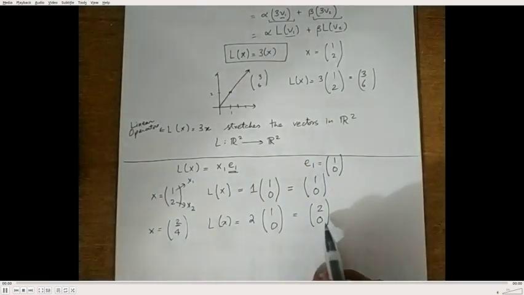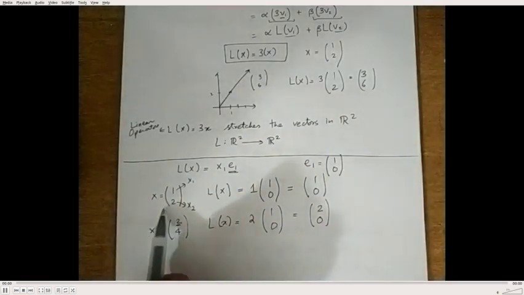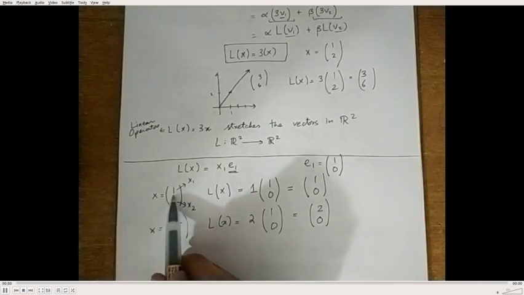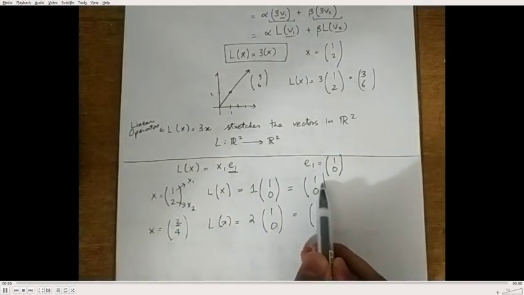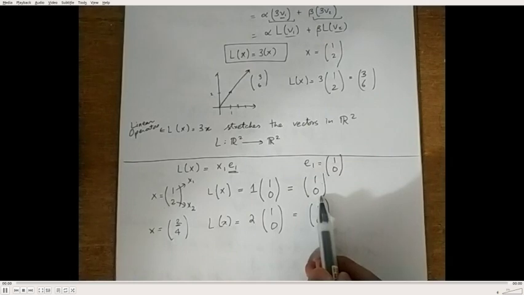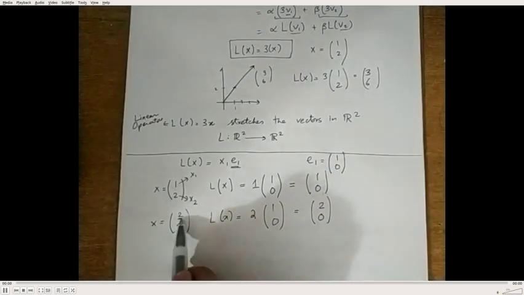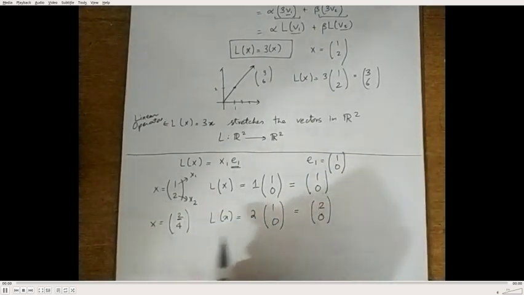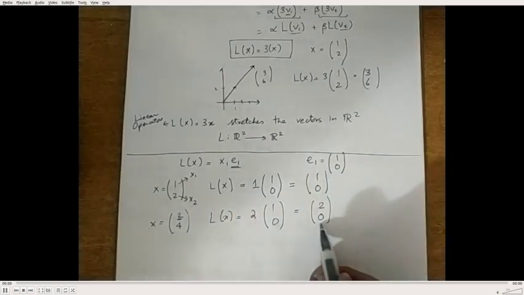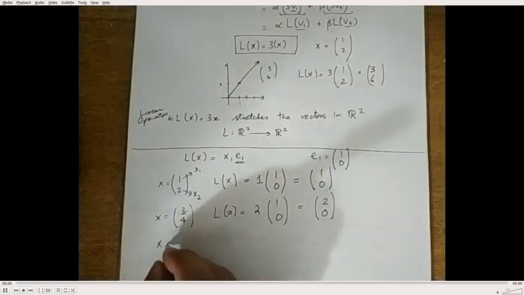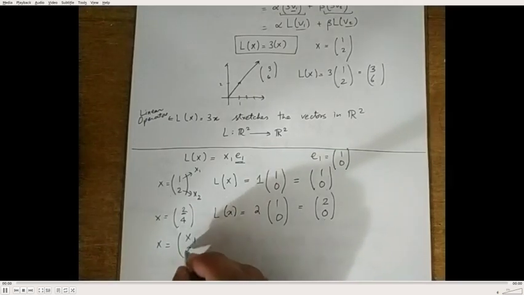So if you notice, it takes every vector, takes the first component as it is, and the second component becomes 0. Similarly over here, first component as it is, second component becomes 0. We can try it out for any random x1, x2.